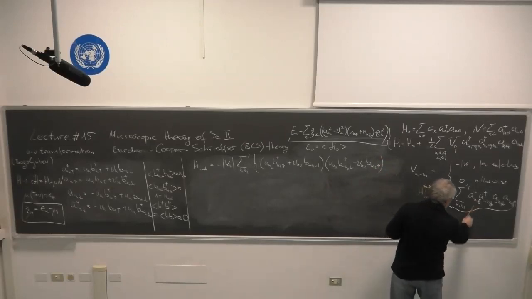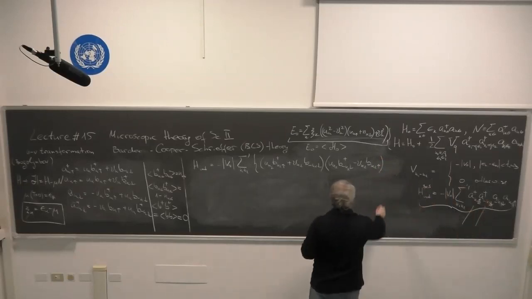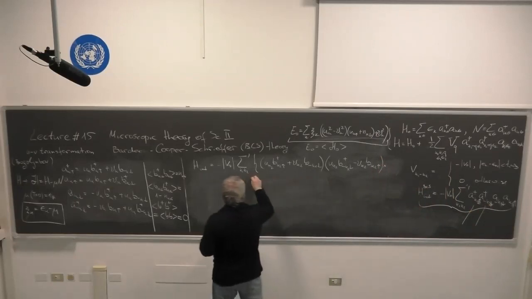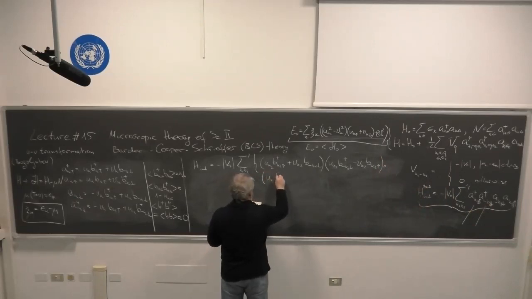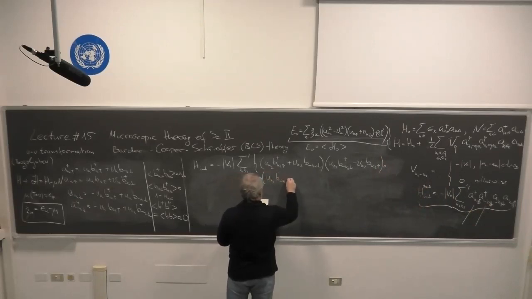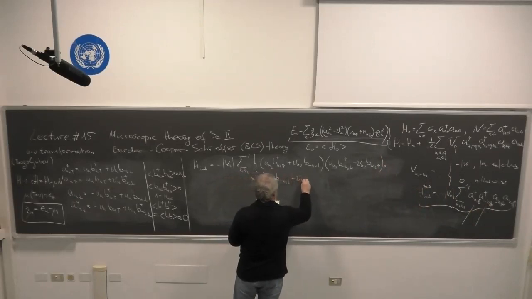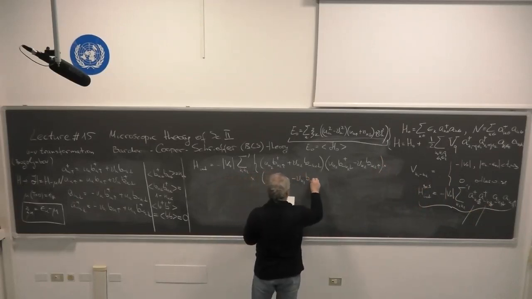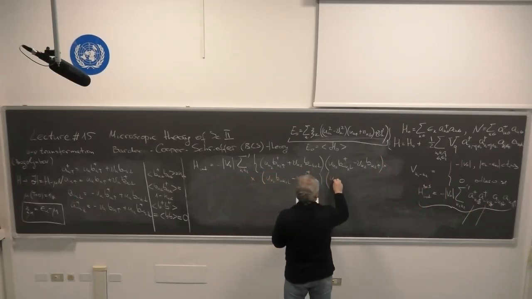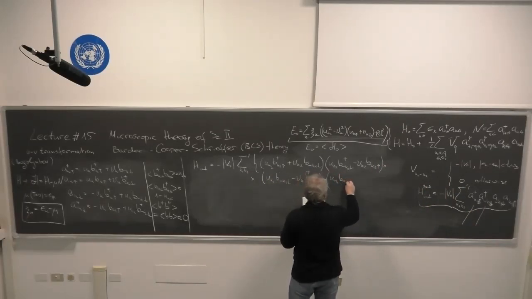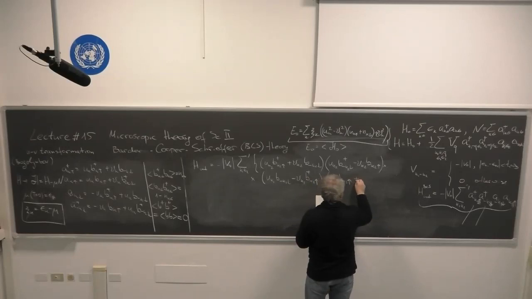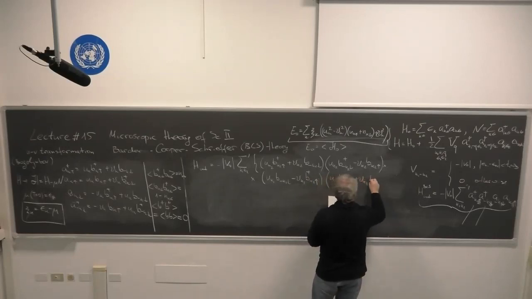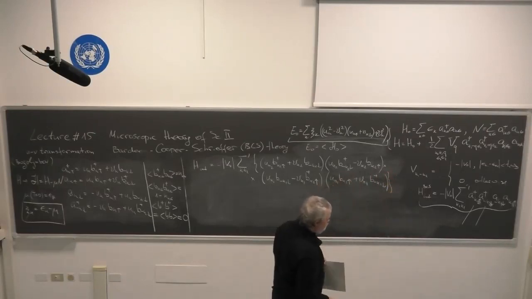These are these two terms, times U_k1 B_minus k1 down minus V_k1 B_k1 up dagger, times U_k1 B_k1 up plus V_k1 B_minus k1 down dagger. So I have a product of four terms.